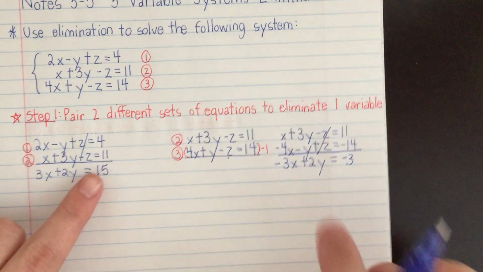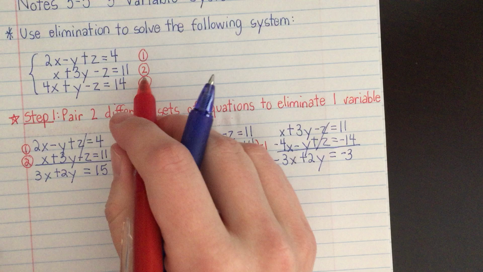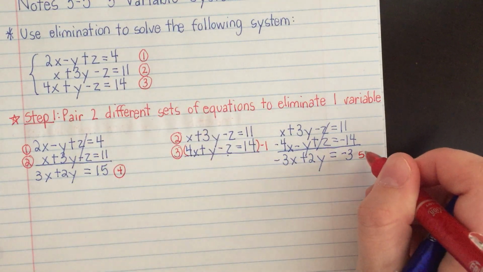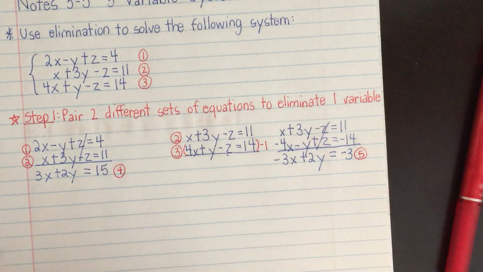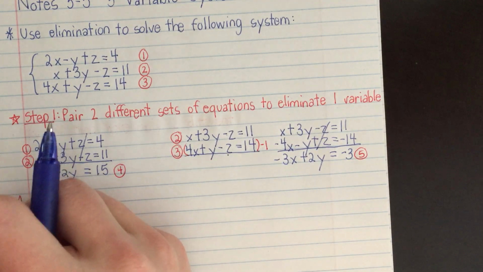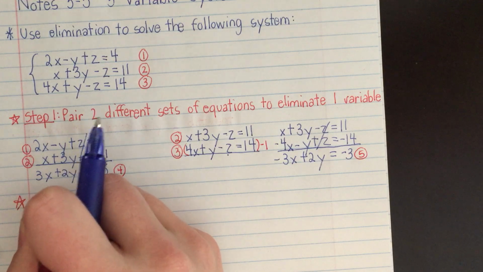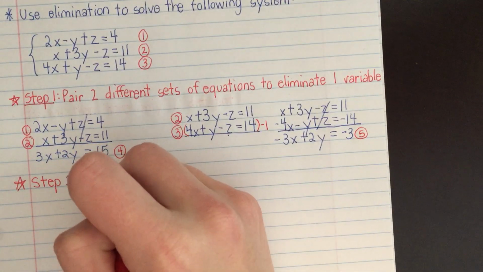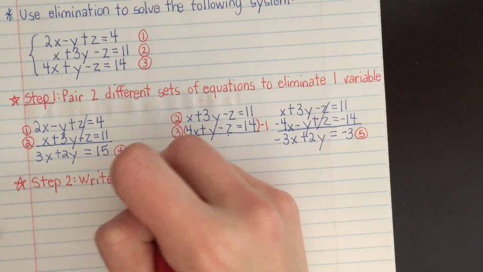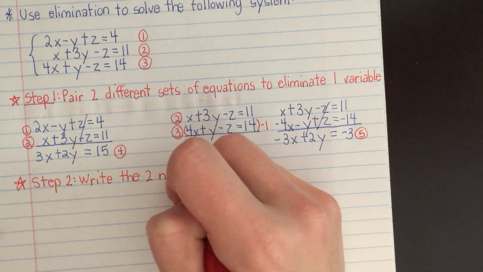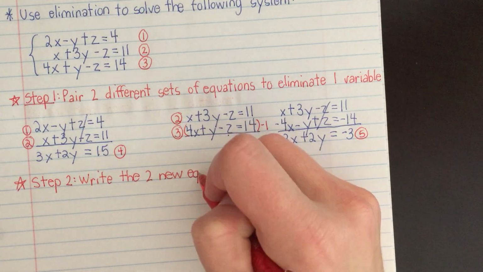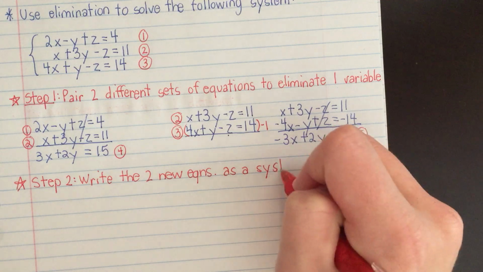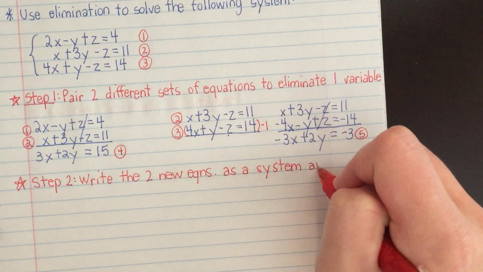You're going to label your two new equations. If that's 1, 2, and 3, then we'll call this equation number 4, and this equation number 5. Step two is that you write the two new equations as a system and solve.